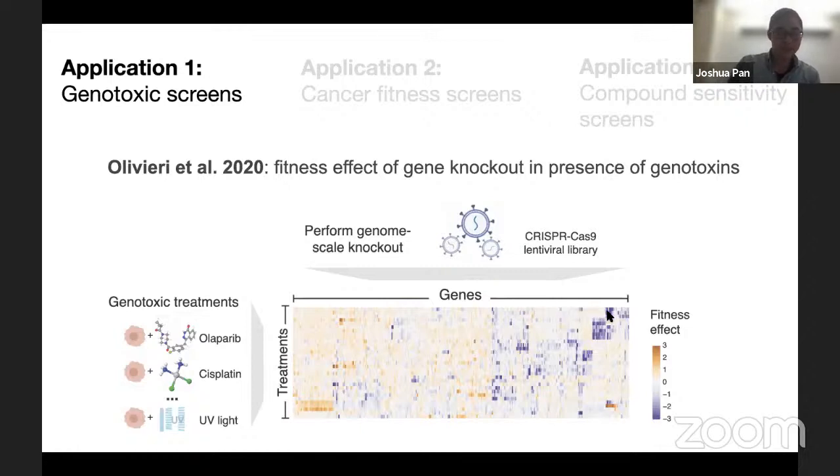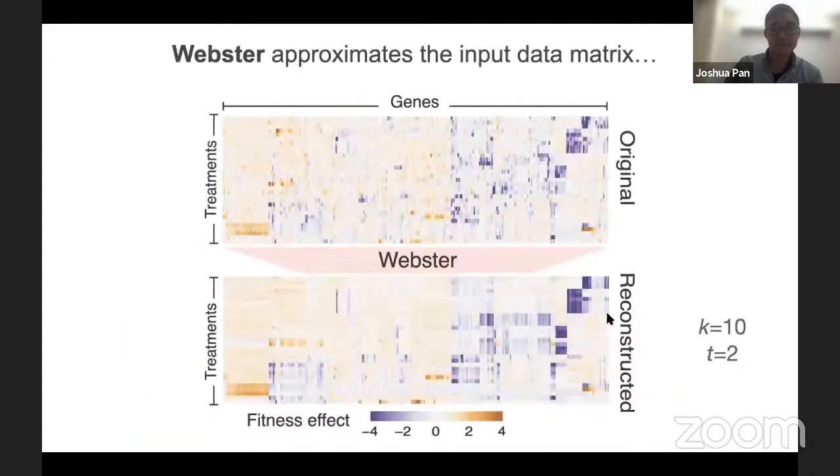By knocking out genes genome-wide in these treatments, they were able to identify which pathways were critical for repairing the damage induced by treatments. In this matrix, treatments are rows, genes are columns, and each entry represents the essentiality of that gene in the presence of a treatment.